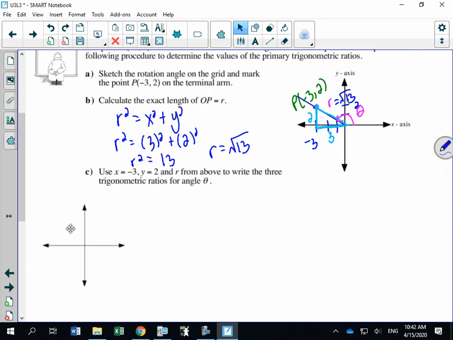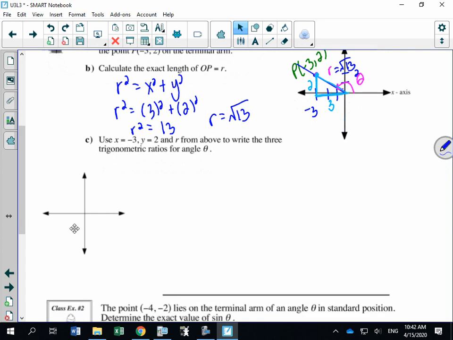But if I was to do the 3 primary trig ratios, I want you to redraw that triangle for C. So here was my terminal arm, that was point P. This is my triangle here.